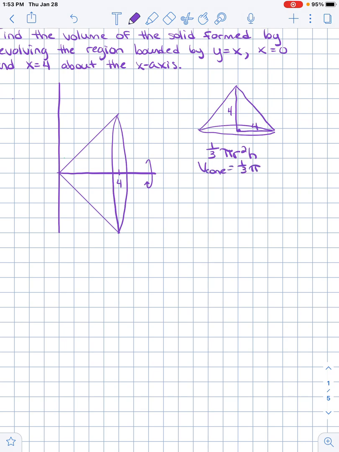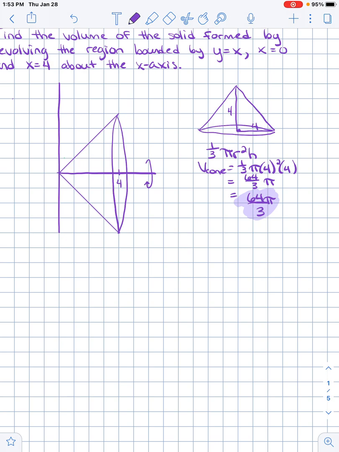So using the volume of a cone, we have 1/3 pi times 4 squared times 4. 4 squared is 16, times 4 is 64. So we get 64 thirds times pi, or 64 pi over 3. So using geometry, we found the volume.